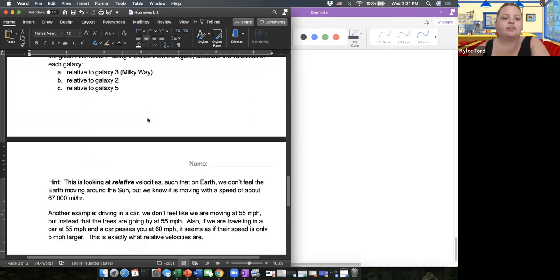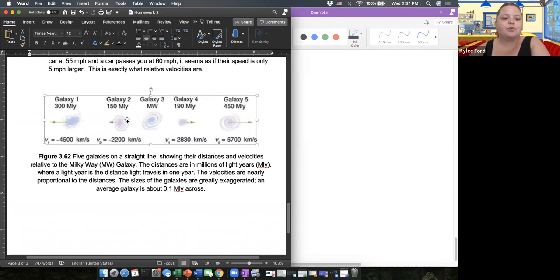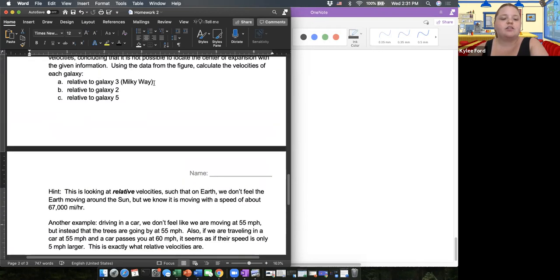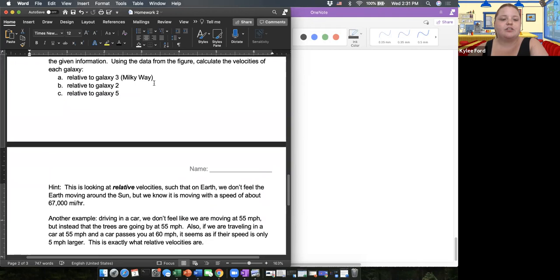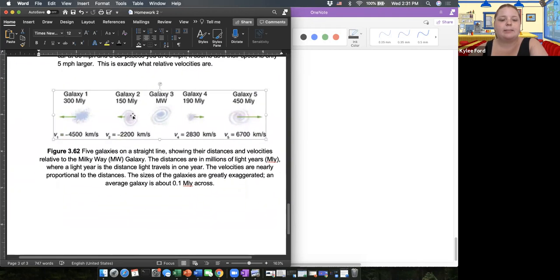The next one, relative to galaxy 2. What is the velocity relative to galaxy 2? Since galaxy 2 is moving away from us, it's as if we are moving backwards in a sense, because they're moving away from us.